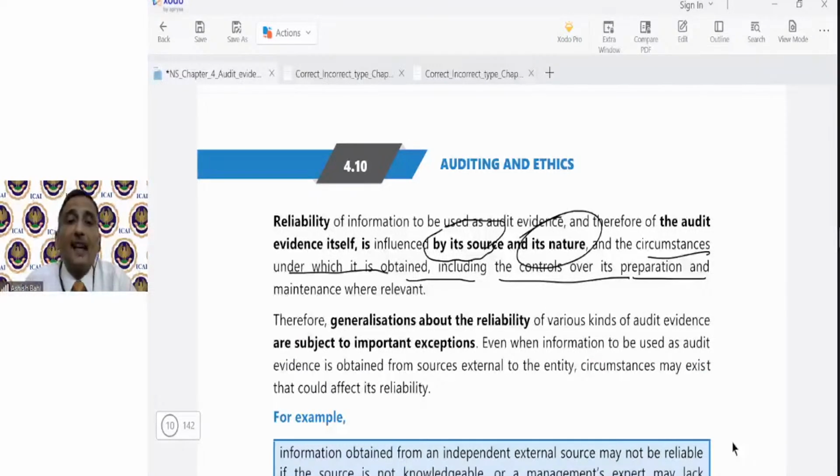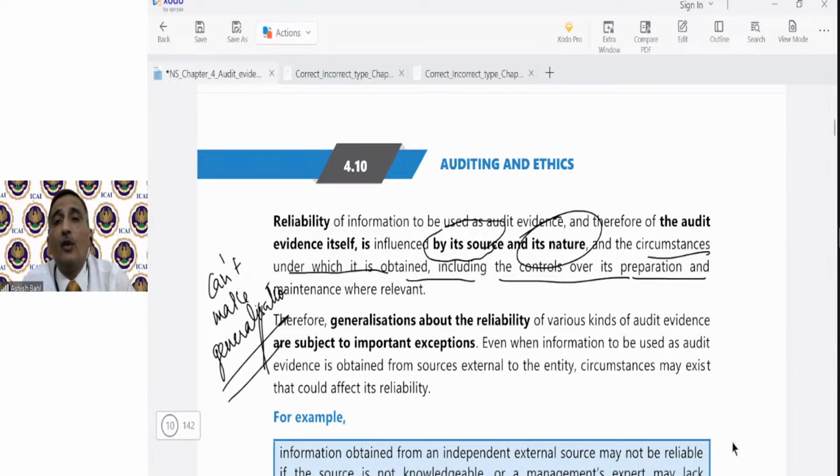However, students, as I have been telling you, we cannot make generalizations about reliability. What is a generalization? That we say that audit evidence obtained from an external source is always reliable. No, there are exceptions to it. It may not be so reliable if the source from which the information is coming is not knowledgeable.